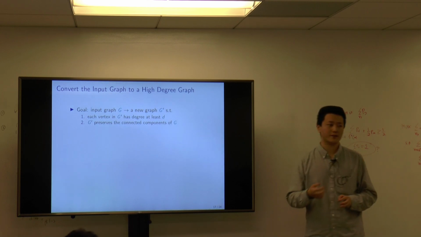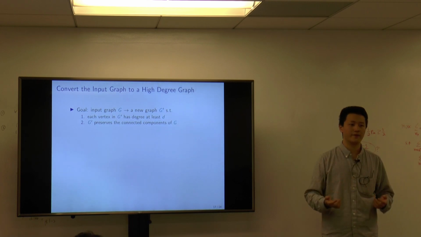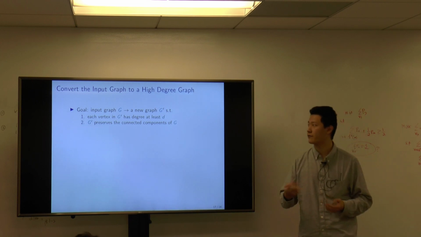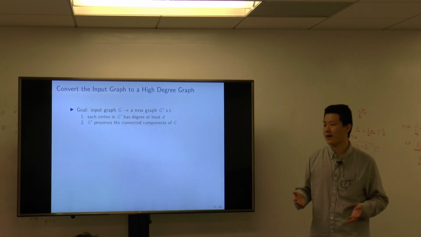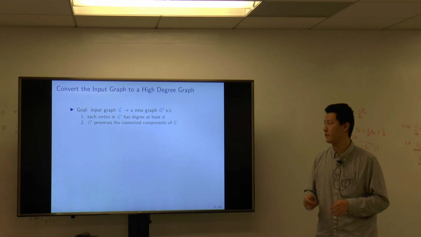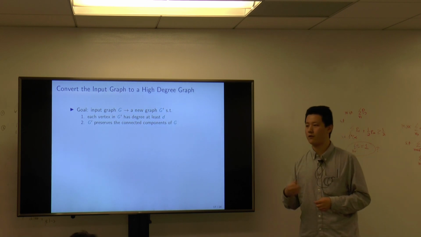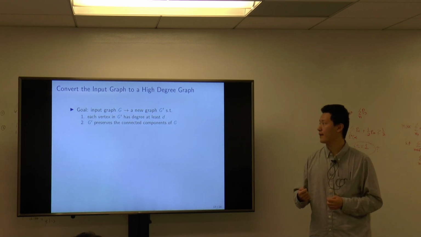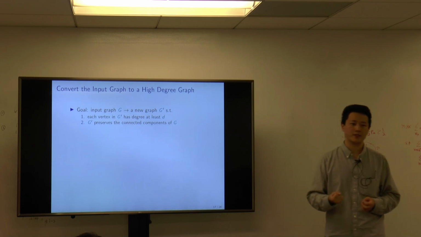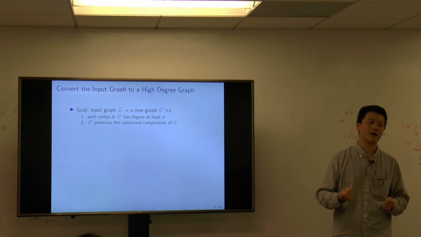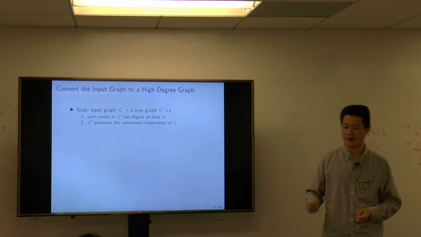Furthermore, G prime has the same vertex set as G, and G prime preserves the connected components of G. So instead of finding all the connected components of the original graph G, we want to find all the connected components of this high degree graph G prime.